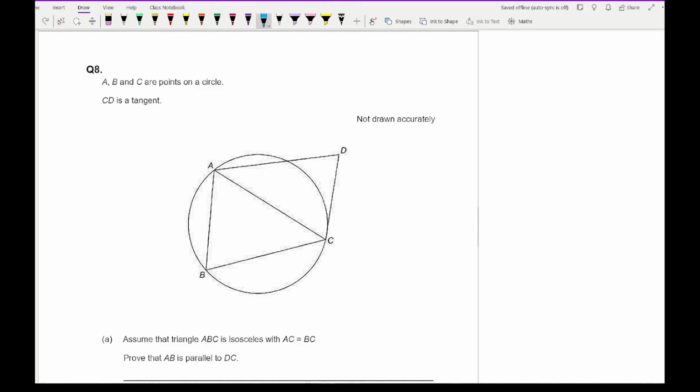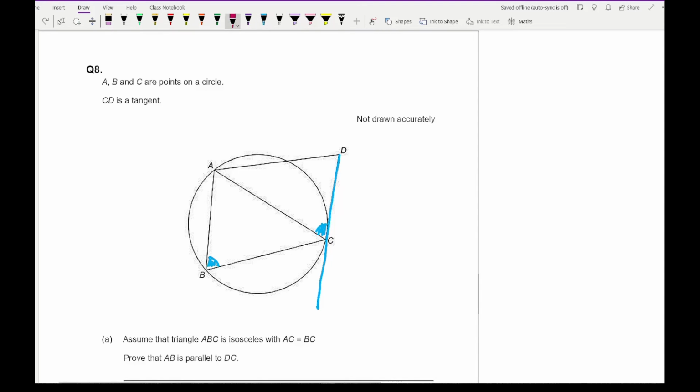So let's have a look at some of the angles. We know that DC is a tangent. So this here is our tangent. Now we don't know the radius, so as we've got a tangent, we're looking at the alternate segment theorem. Here we know that this angle here is going to be equal to this angle here.